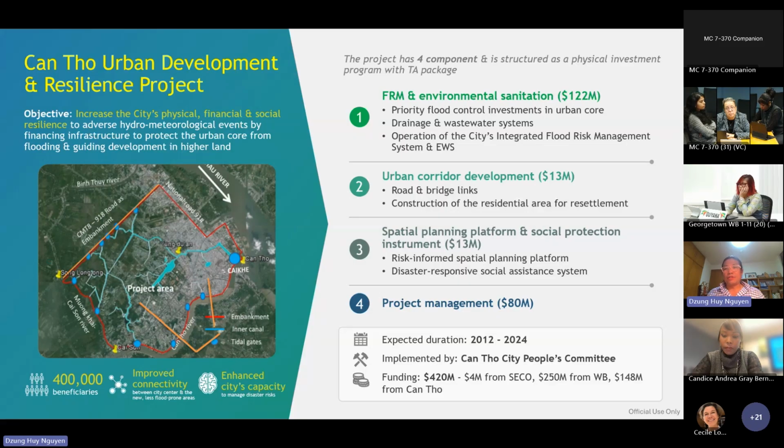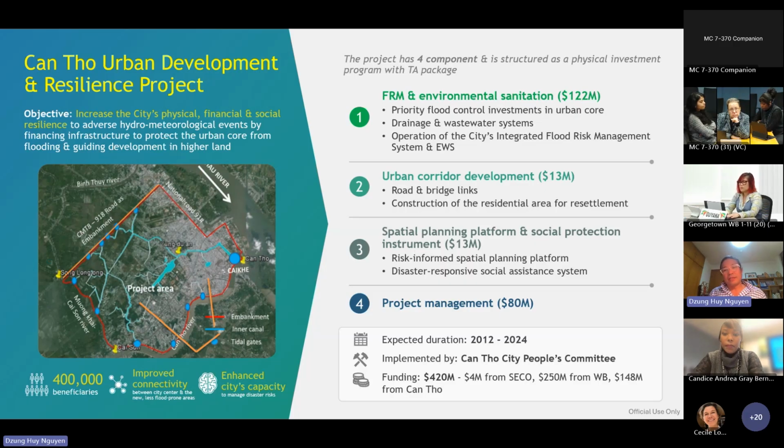The third is on capacity building. The project helps the city set up a common platform, enabling all relevant departments and local authorities to access and use the same platform and data for their own analysis. I will come to this a little later in the next slide.